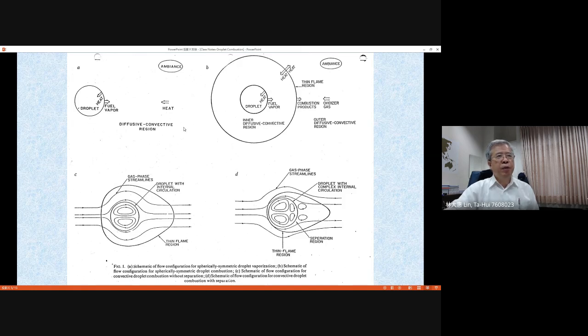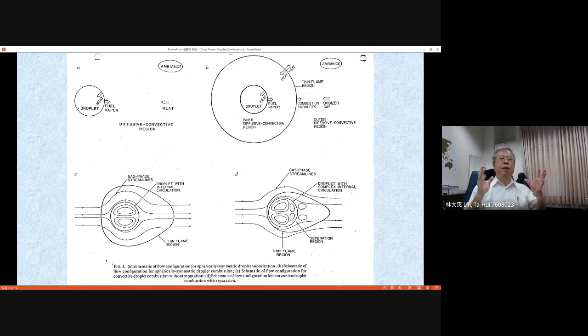But when the ambient temperature increases higher than the ignition temperature, the gasified fuel vapor will have a chance to meet oxygen from the outside, and the temperature is good enough for ignition. Then you will generate an ideally spherical diffusion flame, because for both cases A and B we do not consider flow convection.